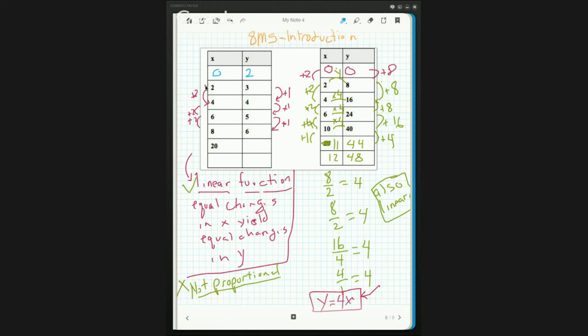So we have +2 here and +1. So 0, 2 still fits the pattern and belongs in this chart, but because we don't have the number 0, 0 in our chart, we know we can eliminate and say this cannot be proportional. It can still be linear, but not proportional.